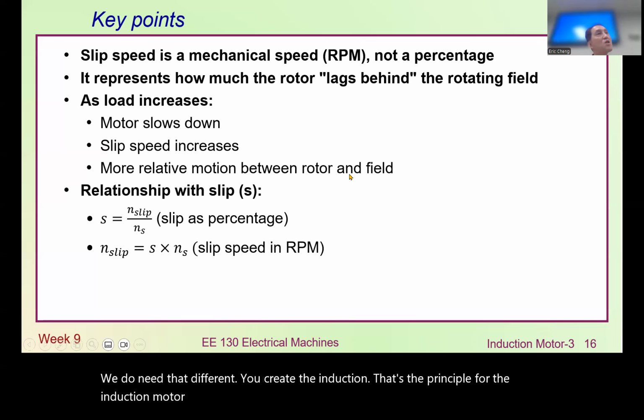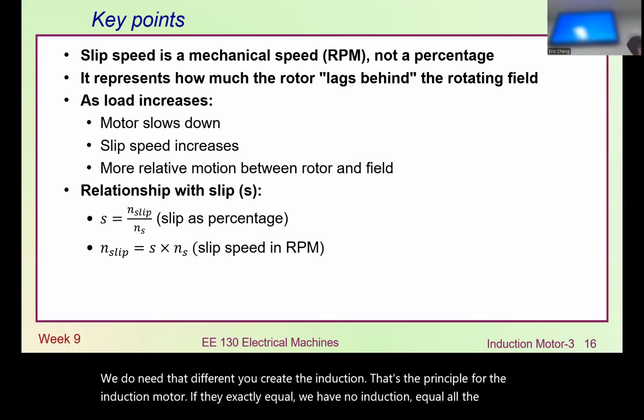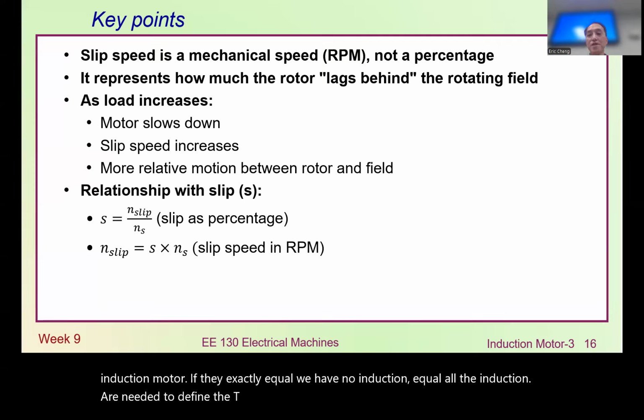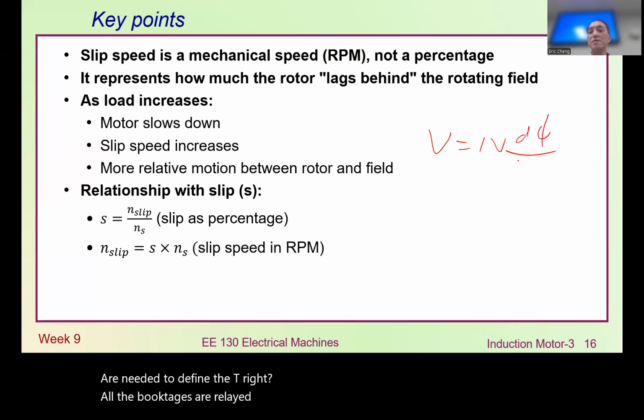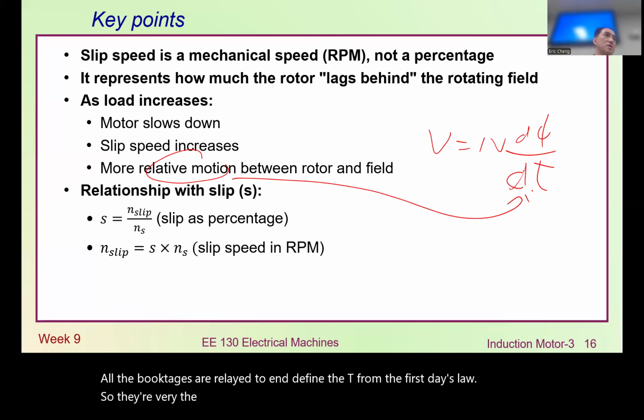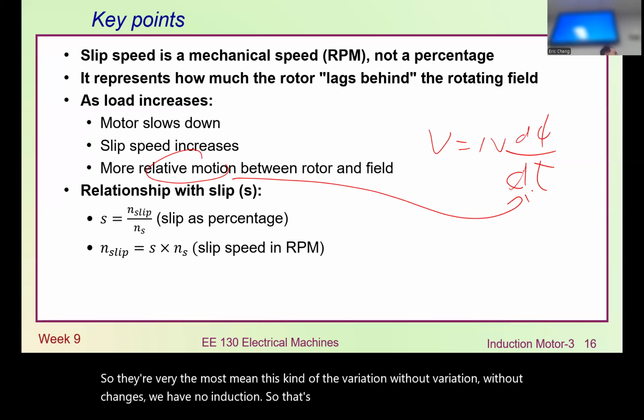If they are exactly equal, we have no induction, because all the induction is related to dphi/dt, right? All the voltage is related to N dphi/dt from Faraday's law. So the relative motion means this kind of variation. Without variation, without changes, we have no induction. So that's the principle for the induction motor. That's how our induction motor works.